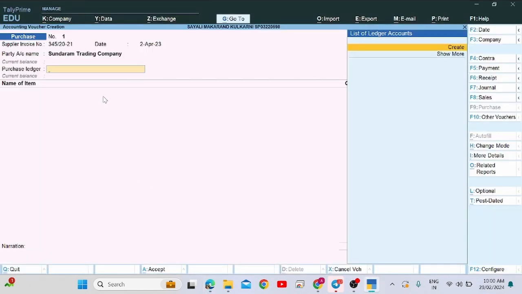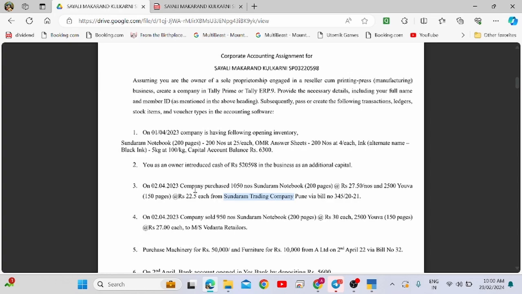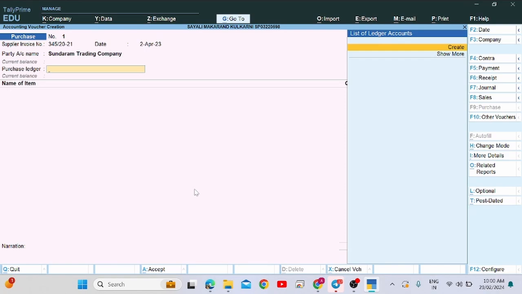Now which purchase ledger you should select? Now the purchase ledger here is what? Purchase account. Why? Because if you pass the entry in your mind, you will get the entry like this: purchase account debit to Sundaram Trading Company. Now which purchase? If you have bifurcation in the purchase, then that particular type of ledger you can select, otherwise select just the purchase account.